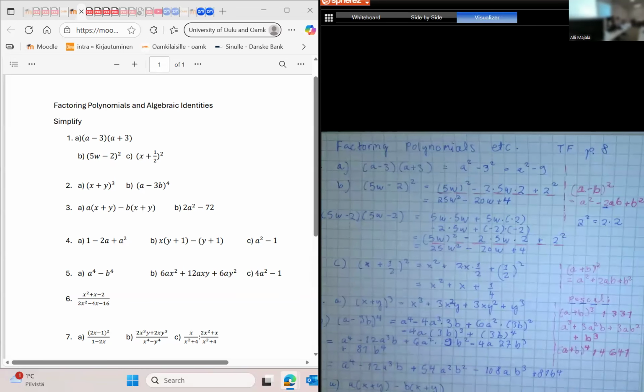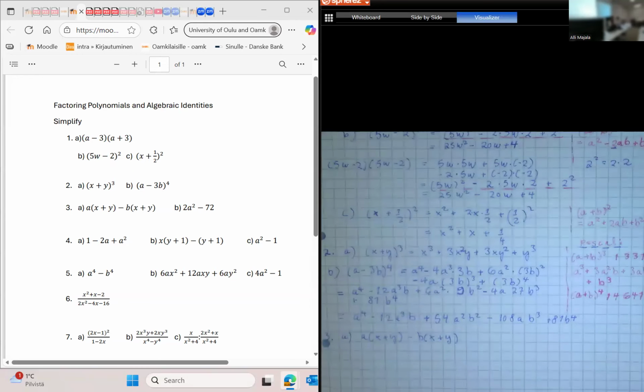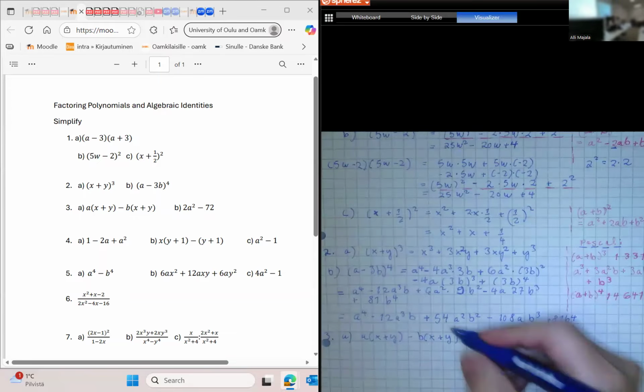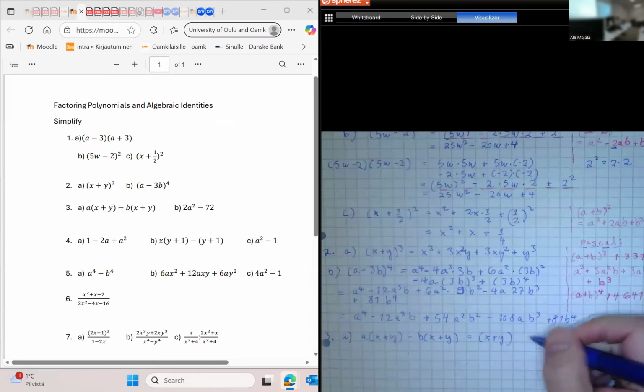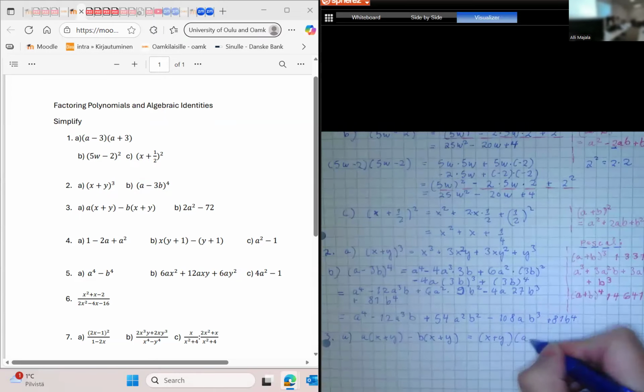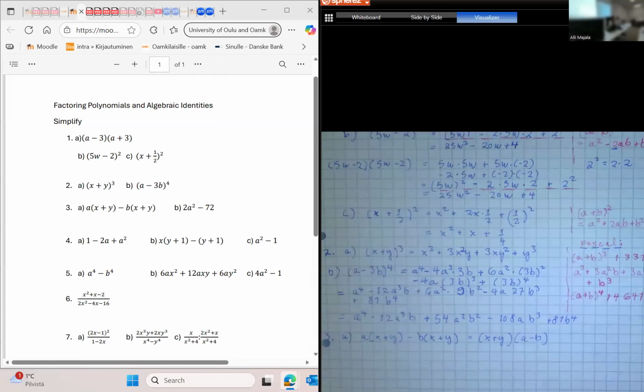This means that you would need to realize that I have a common factor here. So I can multiply this with this. I can multiply both. This would mean this.